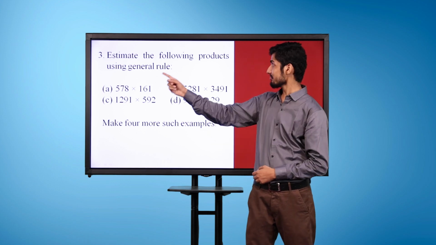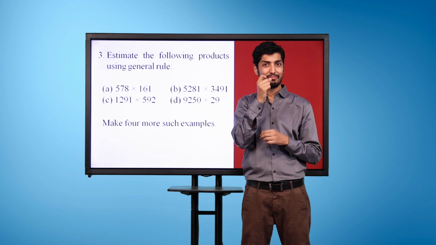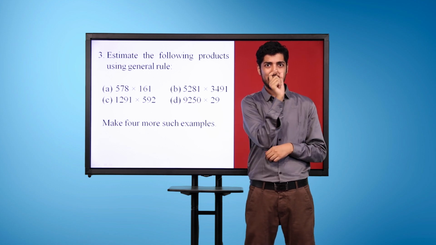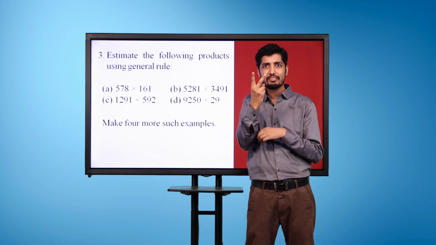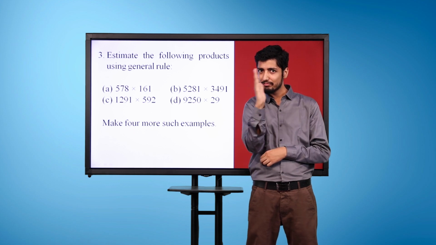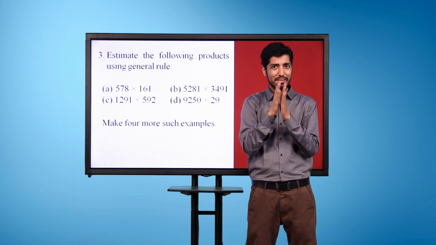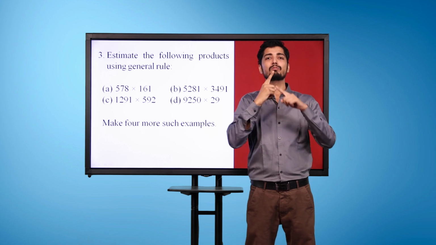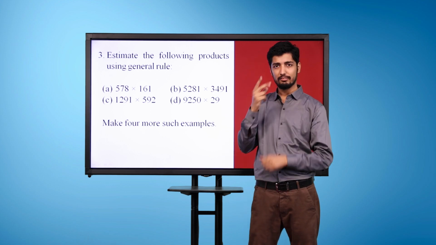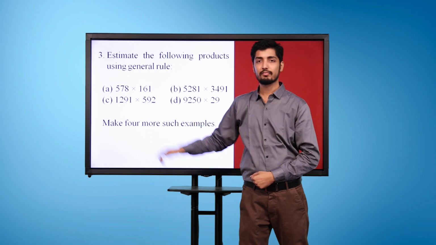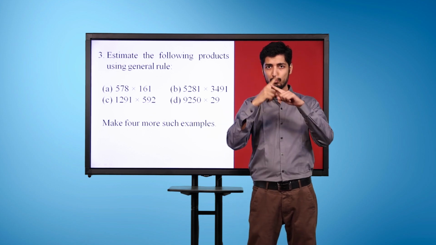Three. Estimate the following products using the general rule. A. 578 multiplied by 161.